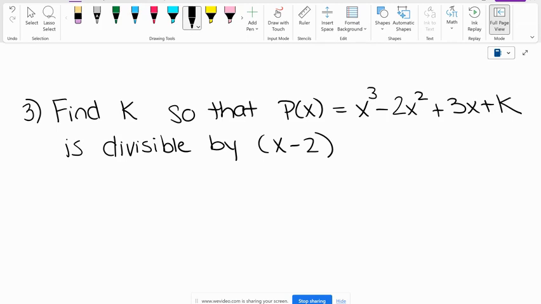I'm going to do this two different ways. I'm going to do this using the remainder theorem, and I'm also going to do this using synthetic division.